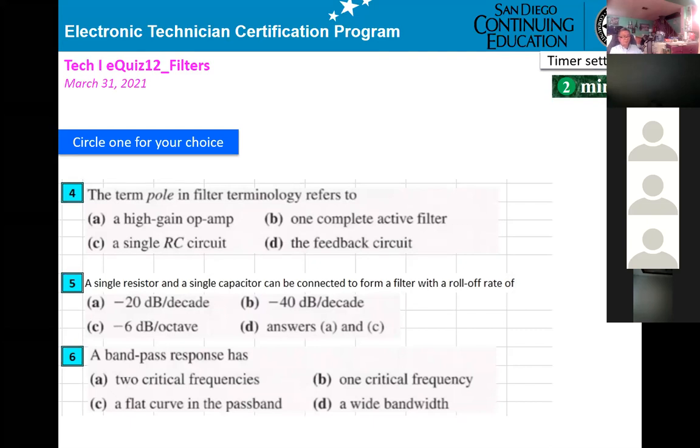Number 5, I think D should be answer A and B. No. And C, you get it.